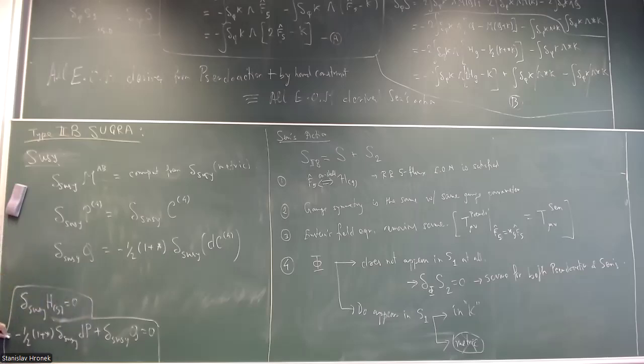So if I postulate something for this guy, it automatically implies something for this. They are not independent, which is exactly the same thing that we have for general coordinate transformation invariance.